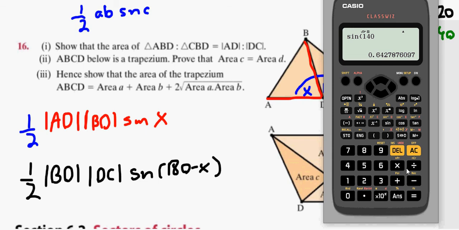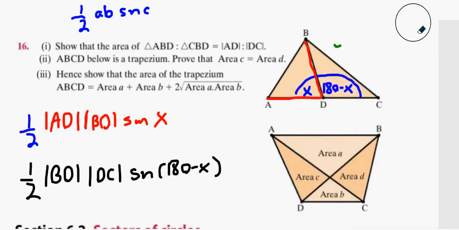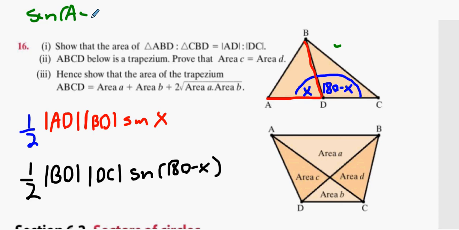Same. Now, if you didn't know that and you were trying to reach into your bag of tricks, your next protocol would be to do this. What's sine A minus B? Go to page 14 of your tables. Tell me what sine A minus B is. So what is it?